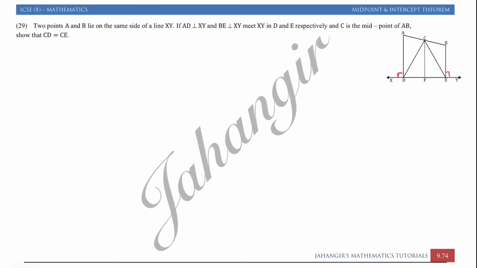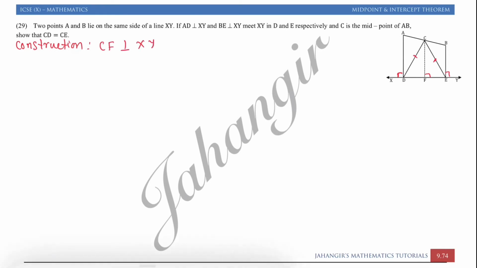Then you have to show that CD is equal to CE. So first what we will do, we will make a construction in which CF is perpendicular to XY. In construction we will write CF is perpendicular to XY.